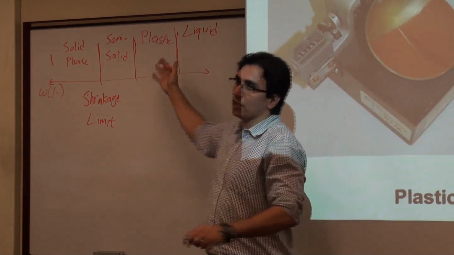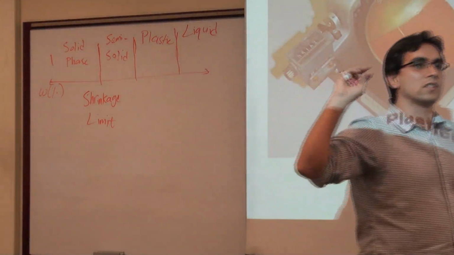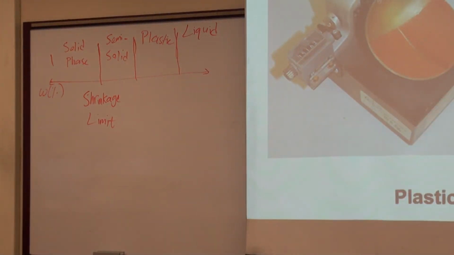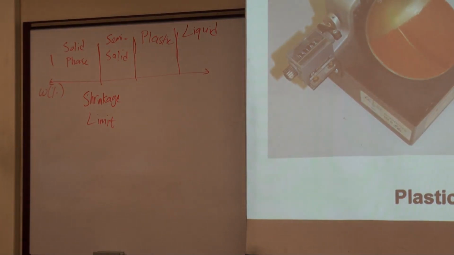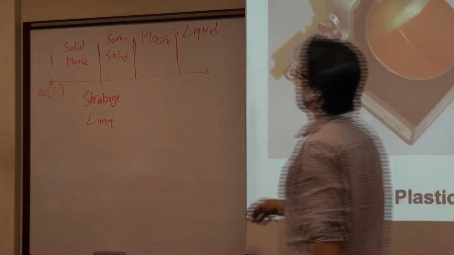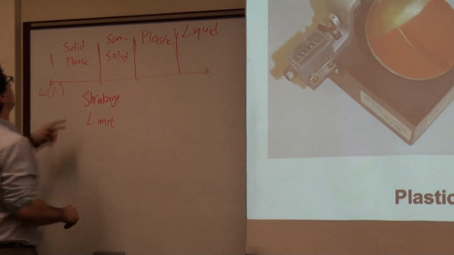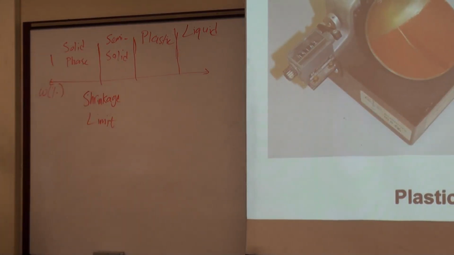In other situations, at higher moisture contents, if you dry your soil it will lose some volume. But at that stage, the soil is very dry. There is no more volume loss due to water content change. So the boundary between the solid phase and semi-solid phase is called shrinkage limit.